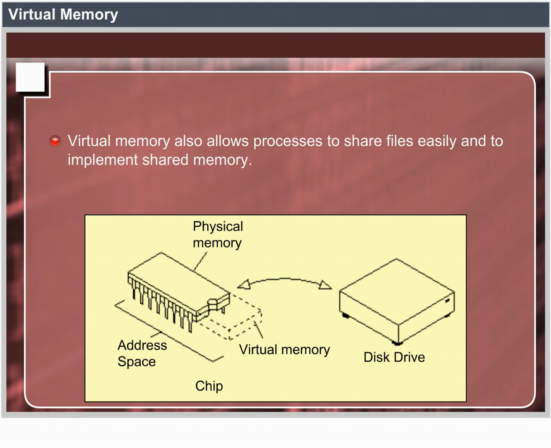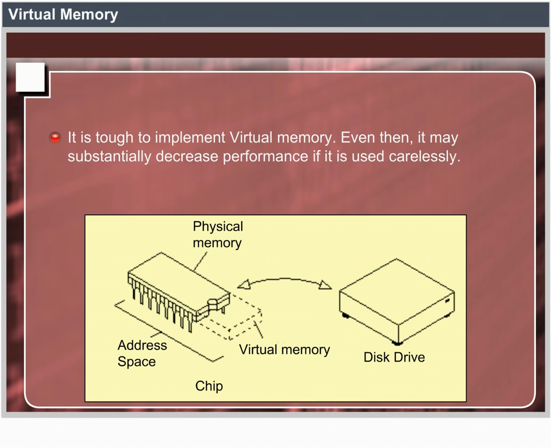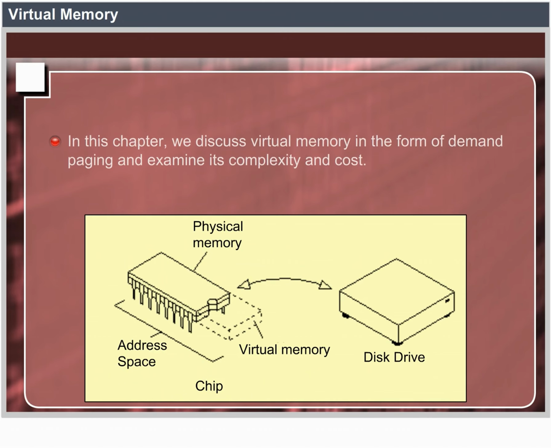In addition, it provides an efficient mechanism for process creation. Virtual memory is not easy to implement, however, and may substantially decrease performance if it is used carelessly. In this chapter, we discuss virtual memory in the form of demand paging and examine its complexity and cost.